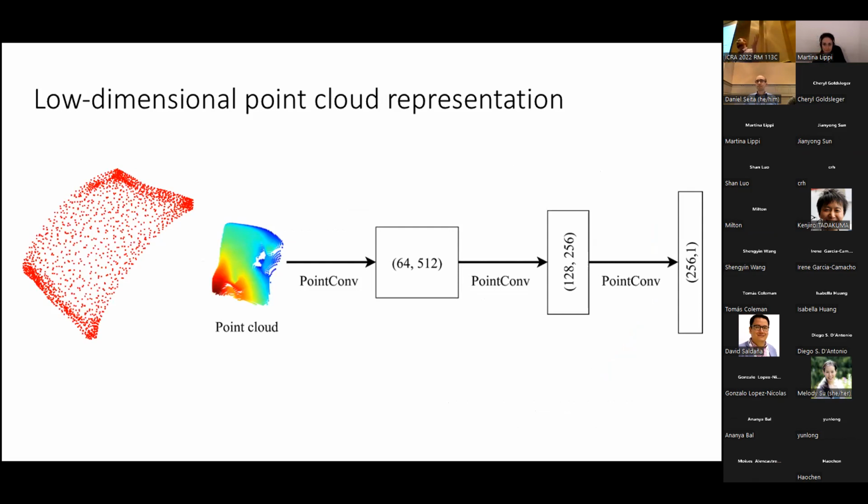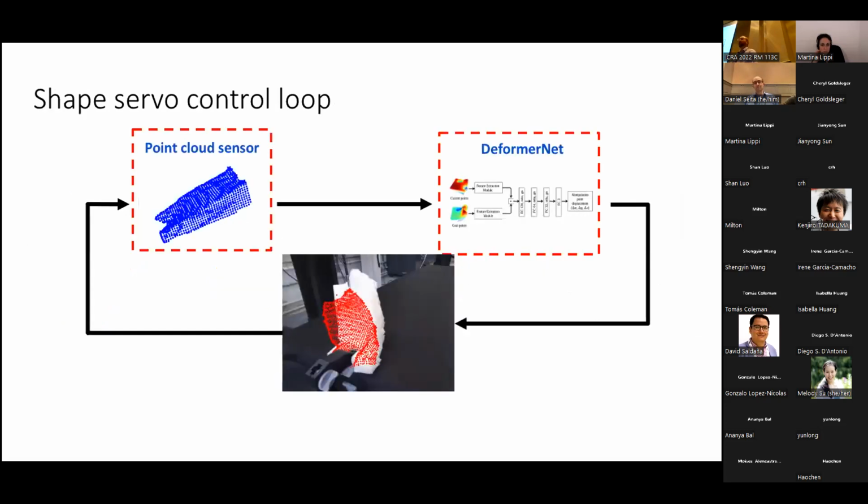And so this gives us a lower dimensional representation that simultaneously, because of the training process, encodes features that are relevant to both the shape, structure, and manipulation of these objects, but is low dimensional enough that we can reason about it. So using that, we kind of embed this in a shape servoing control loop at a high level.